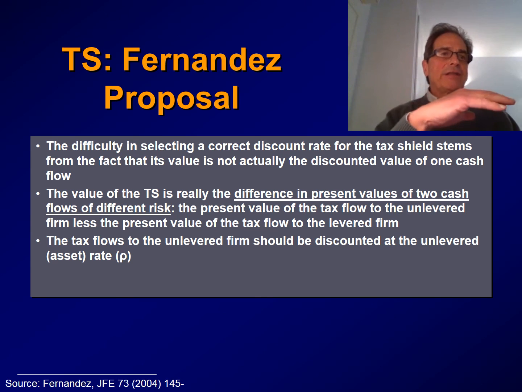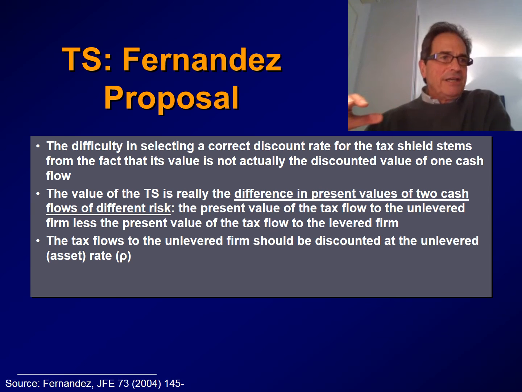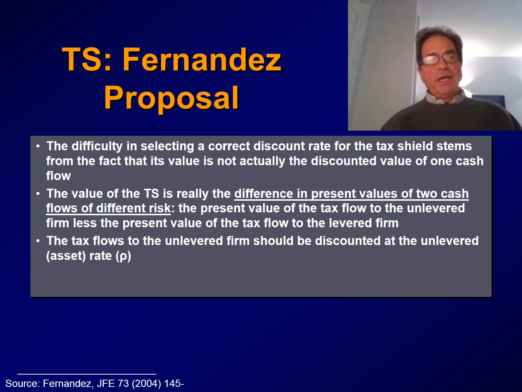So the discount rate is consistent with the discount rate of the assets, rho, which in this case is equal to RE, the discount rate on equity, because there is no debt. So the discount rate that applies to the unlevered taxes is rho, which again in this case is equal to RE because it's the discount rate that applies to the unlevered cash flows.